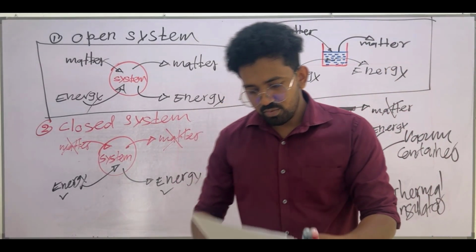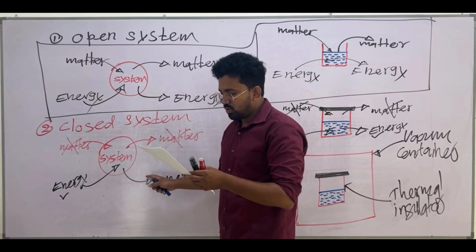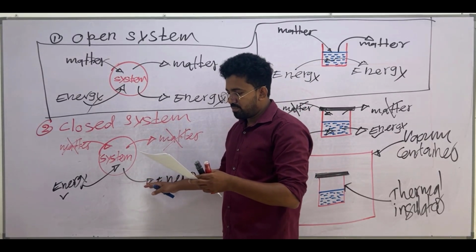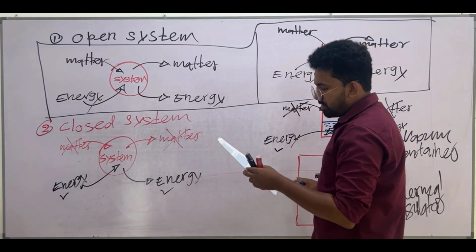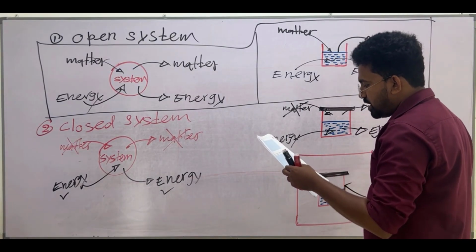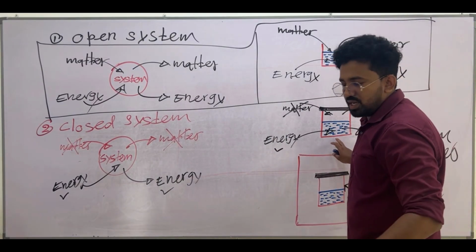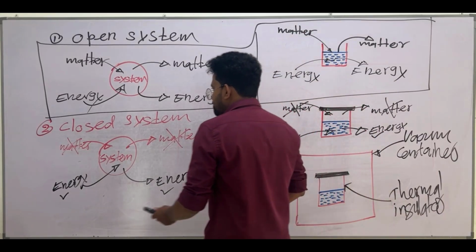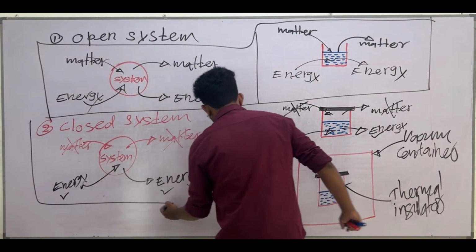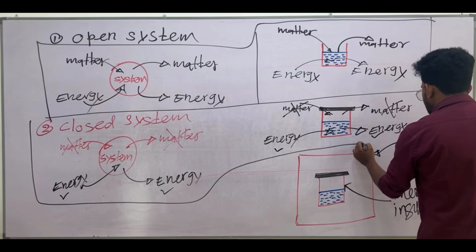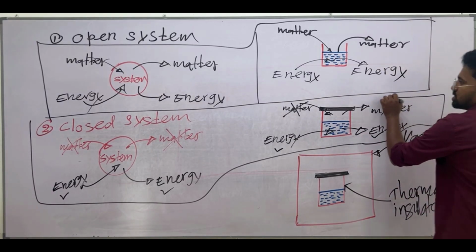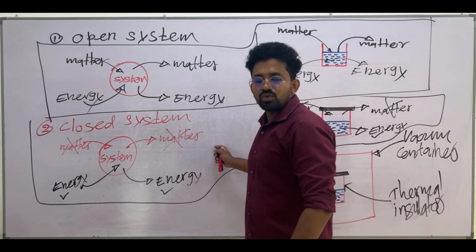In the closed system, only energy can move in and out, no matter. Example, a sealed bottle of liquid where the liquid and vapor are in balance. Within the second box, you can draw this one.